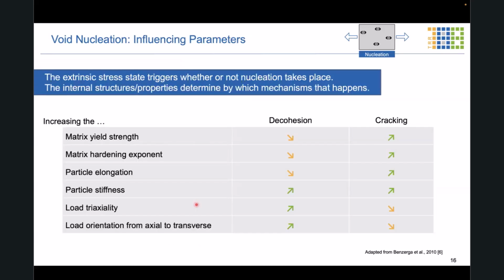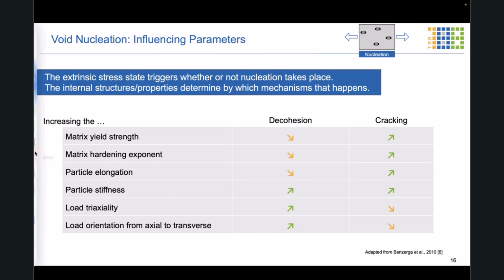What are now the influencing parameters on void nucleation? Of course, extrinsic parameters need to be considered, in particular the state of stress. On top of that, we've also got some internal variables like individual morphological structures or properties that determine by which mechanism the nucleation happens.